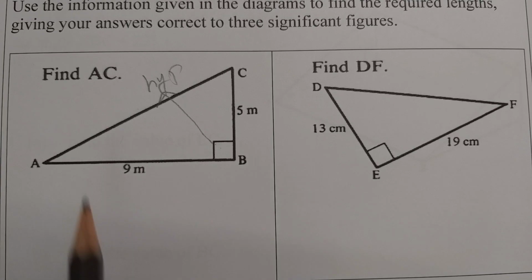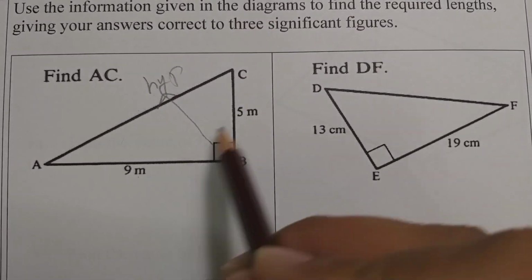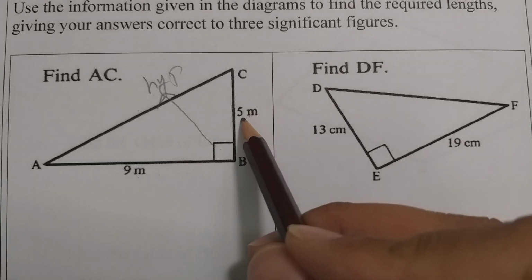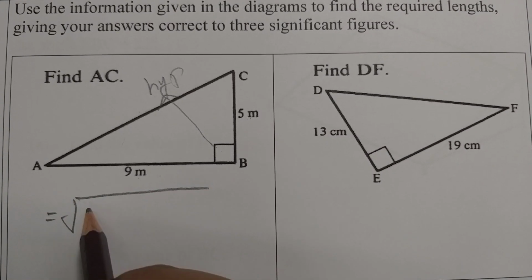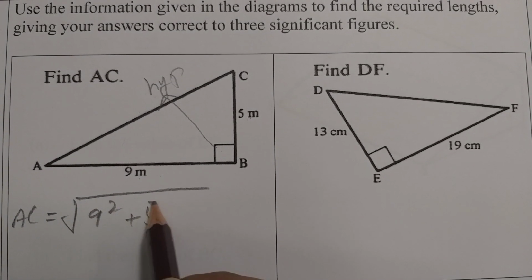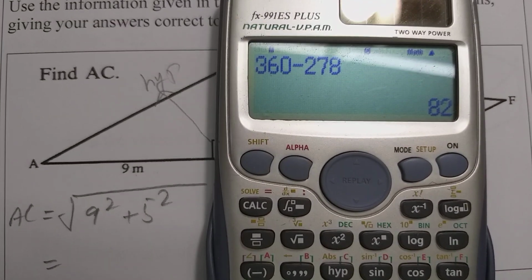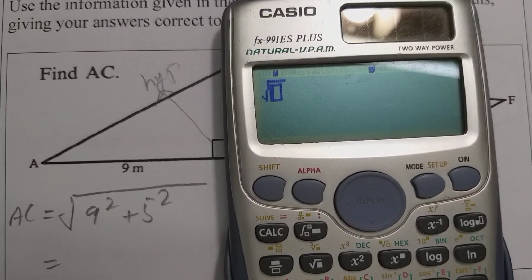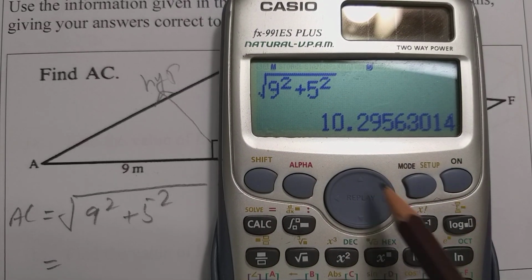Whenever we need to find the hypotenuse, we square the two shorter sides, add them, then take the square root. Because the longer side is AC, 9 squared plus 5 squared, and the square root gives us 10.29.